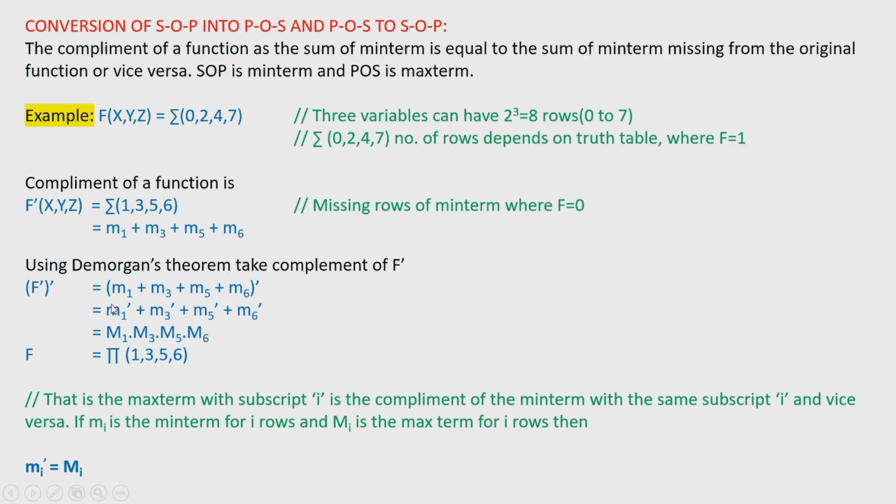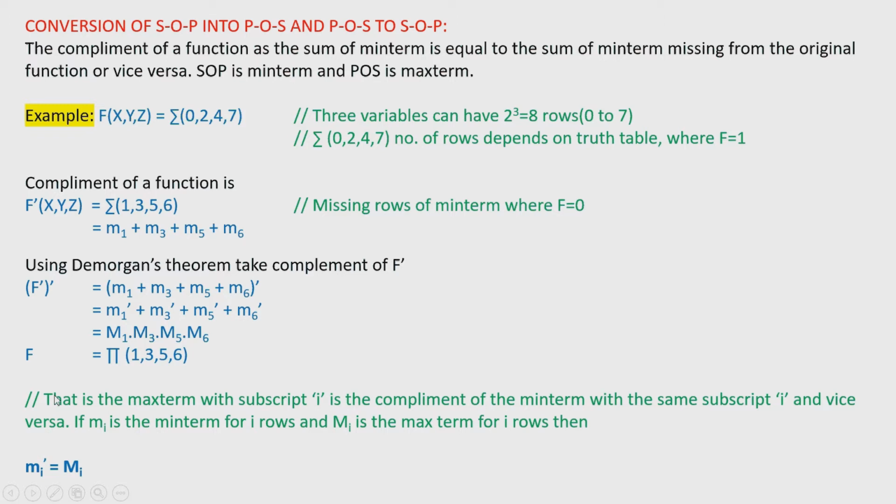Using the duality principle, we change the complemented literals to non-complemented, and we change the operators from plus to multiplication. That way we get the maxterm notation. So in terms of the decimal designation, we get pi 1, 3, 5 and 6.